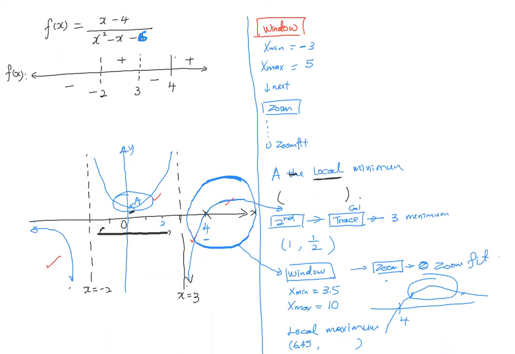Hold on. So when you have your curve like that, the turning point is not obvious. So you make sure the left bound is here and the right bound is here.